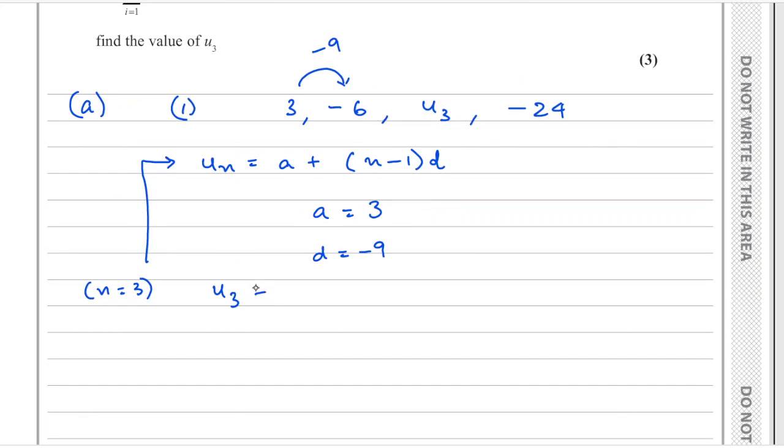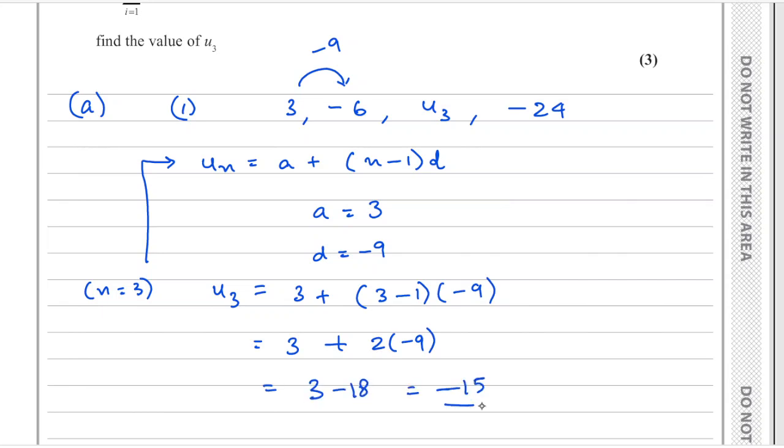We have a, which is 3, plus n minus 1 multiplied by negative 9. Then we have plus 2 times negative 9, that is equal to minus 18, so 3 minus 18 will give us negative 15. So this is our third term, negative 15.